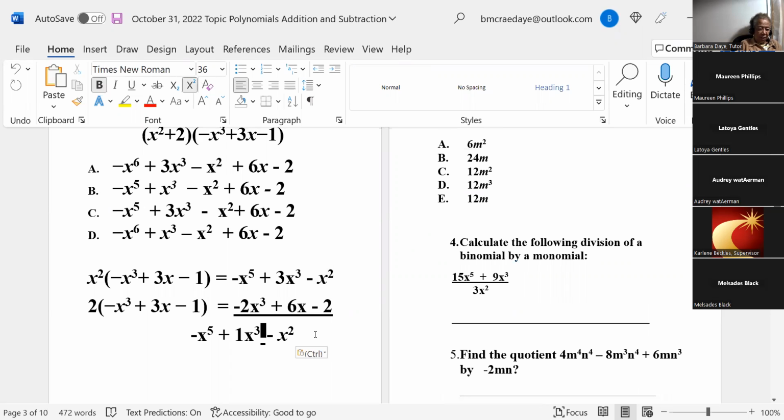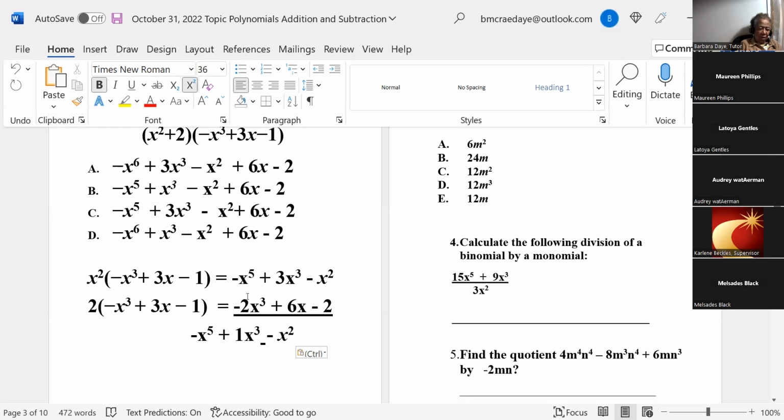And what comes after the x to the second? X to the first. You see an x to the first? What is it? What's the term that has x to the first?